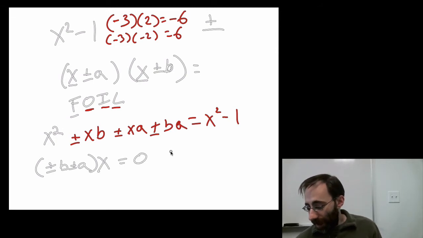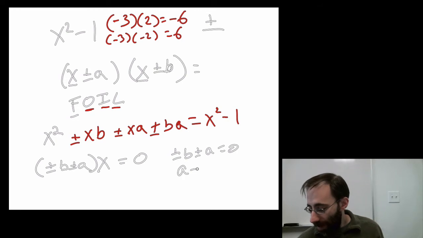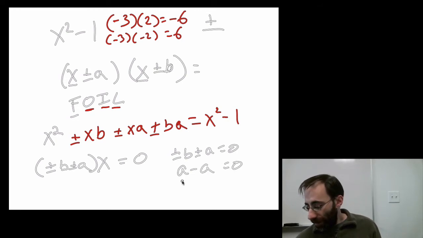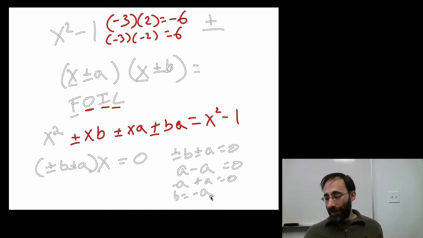That means plus minus b plus a equals 0, or a and b have to be additive inverses. So if one's a, one's negative a. Right, because a minus a would equal 0, or negative a plus a equals 0. So let's call b negative a. They're additive inverses because otherwise they can't add to 0.